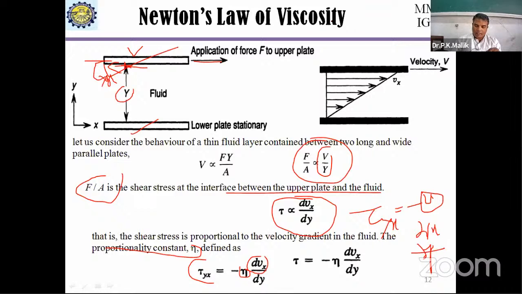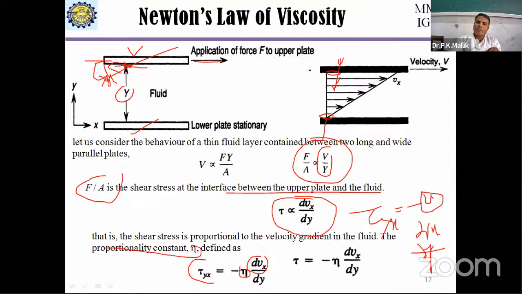Momentum is transported down the velocity gradient, so the viscous molecular momentum transport goes from the upper plate to the lower plate. Here is the maximum momentum and here the minimum momentum.